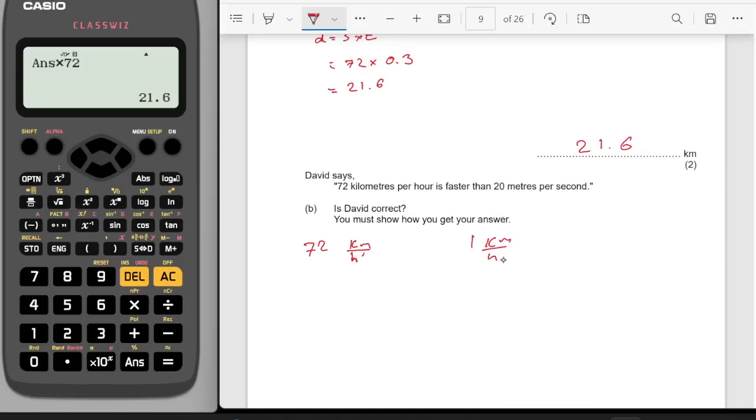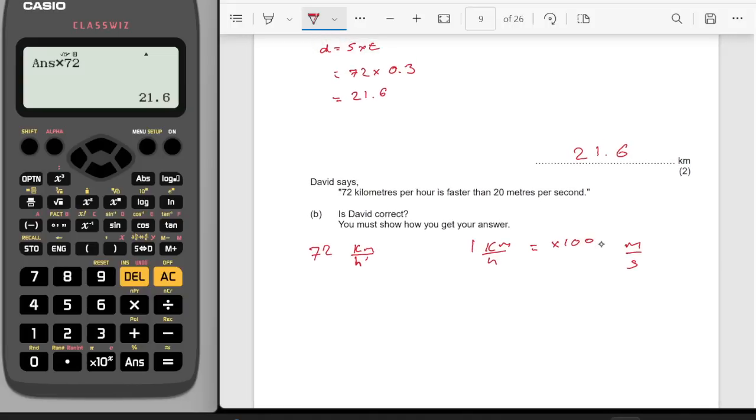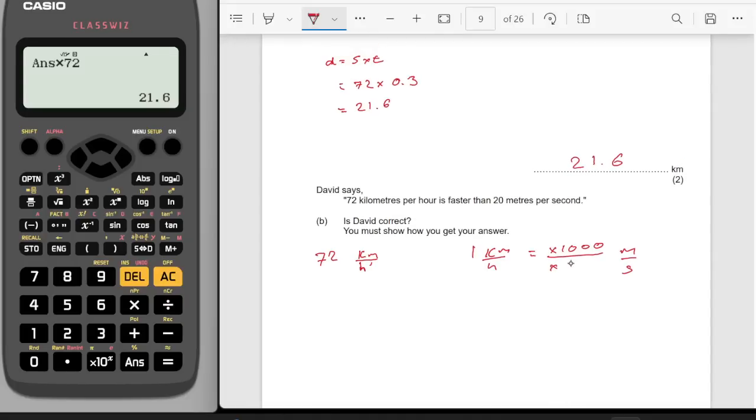If I wanted to convert that into meters per second, to get from kilometers to meters, I would need times by 1,000. To get from hours to seconds, I would need times by 60, times by 60.